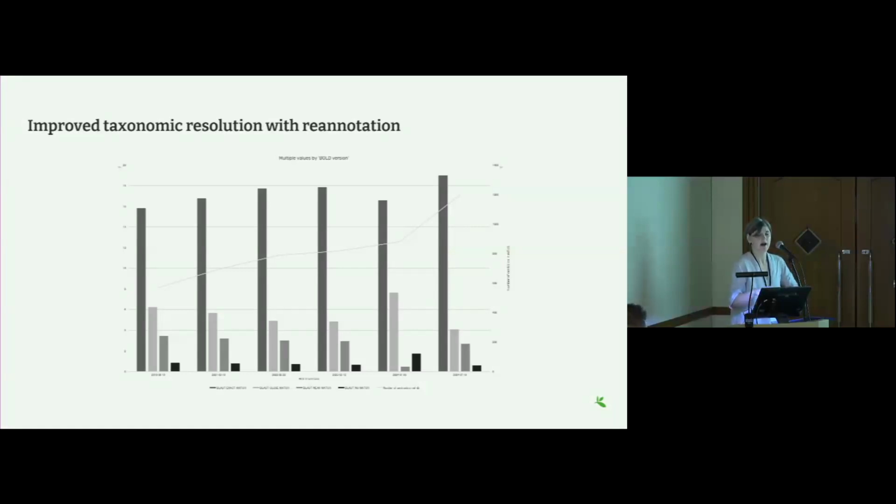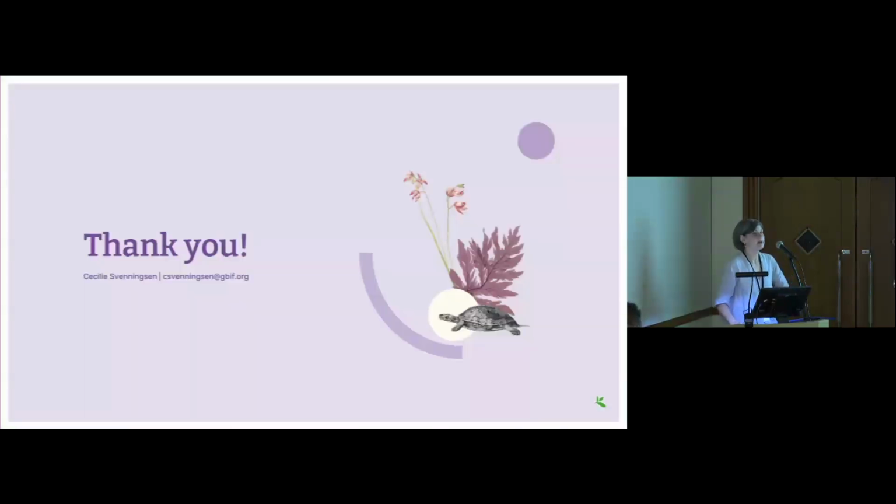It's how well they're matched. So the dark bars are the exact matches. So those are maybe the most interesting. And then you have a decreasing confidence in the matches. But overall, we see a trend that you can get better match and better naming of your sequences if we do re-annotation. So with that, I want to stop.